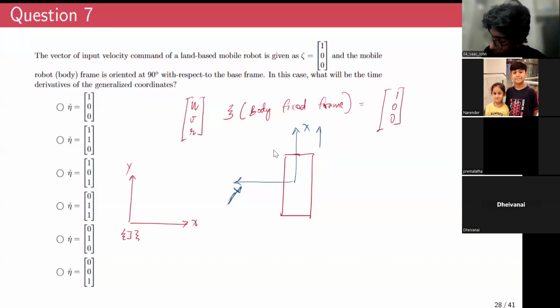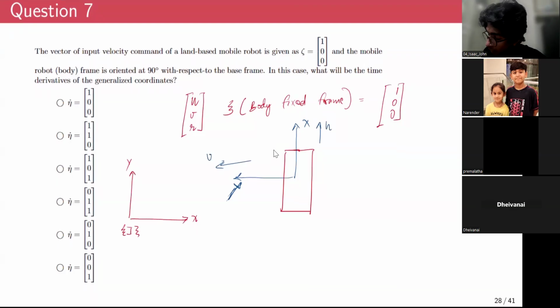And we have the u velocity in this direction, v velocity in this direction. So in this case, what will be the time derivatives of the generalized coordinates? You are required to find out x dot, y dot, and psi dot. Or eta dot. Yeah, we call this vector eta dot. These are the time derivatives of generalized coordinates.